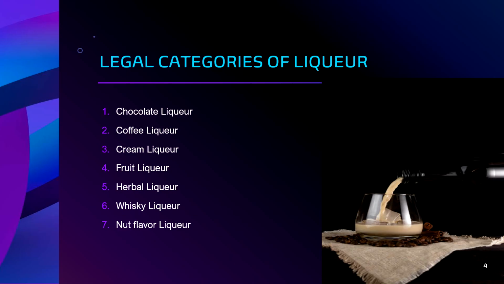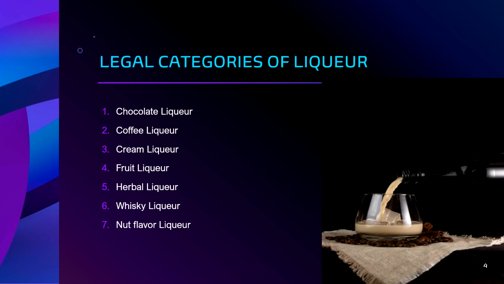Coffee liqueurs are made by infusing coffee flavors into spirits, providing a bold, sweet taste. An example of that is the Kahlua. Cream liqueurs combine a base spirit with dairy, cream, or other flavors that creates a smooth, rich drink. An example is the Bailey's Irish Cream.